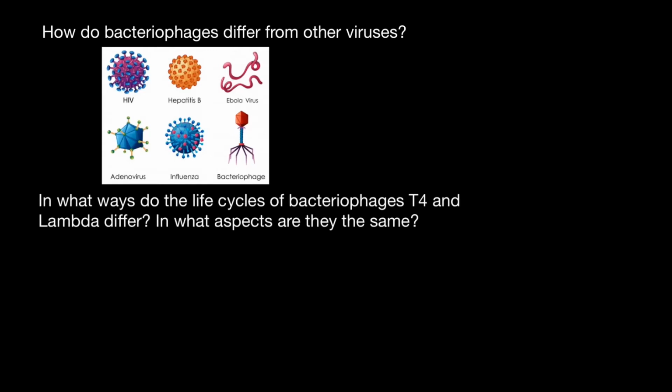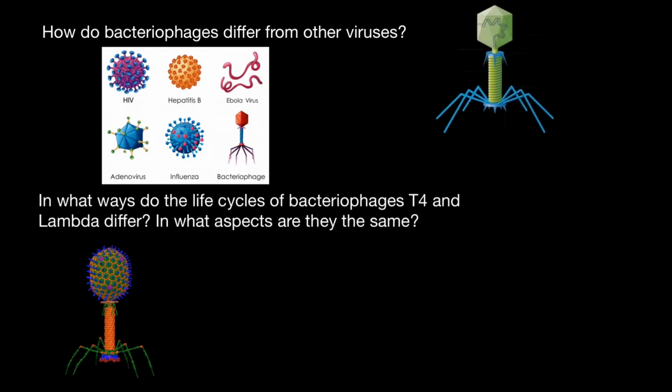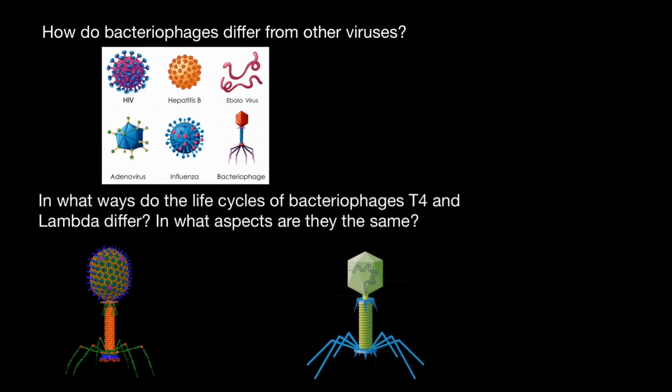Take a look. This is how bacteriophage T4 looks like, and here is how bacteriophage Lambda looks like. They look similar, but they do differ in the genetic composition. For example, the T4 virus genome is 10 times bigger than the Lambda genome.